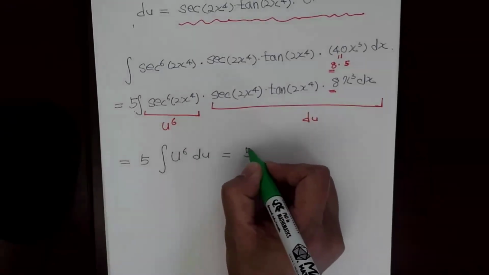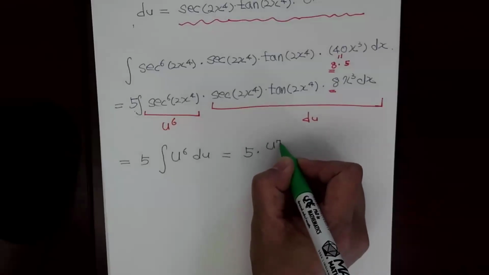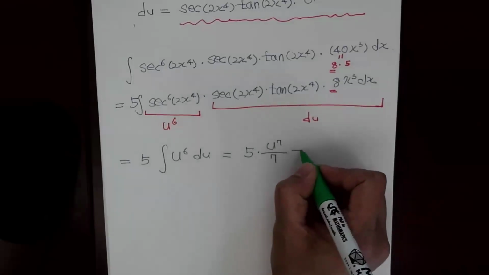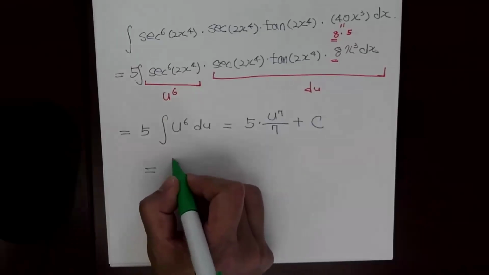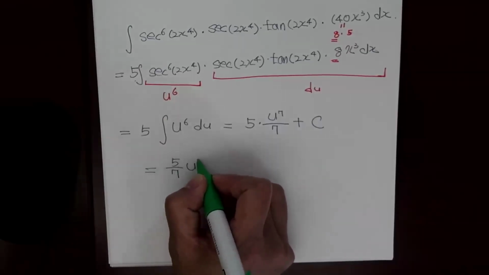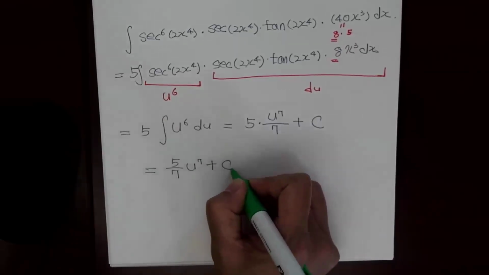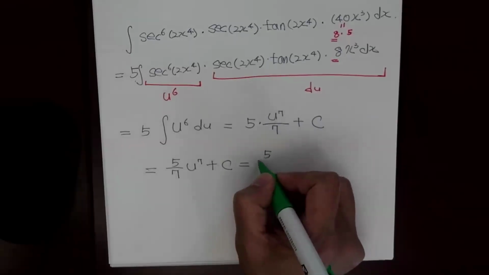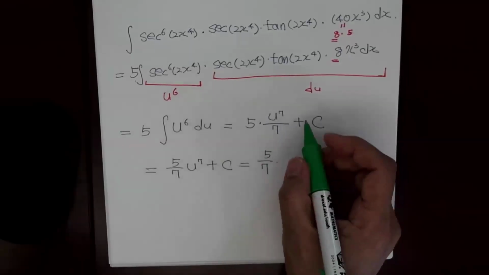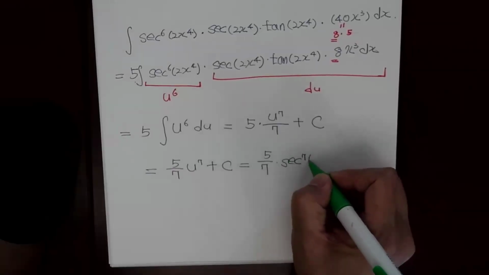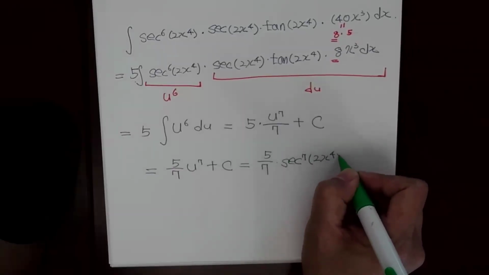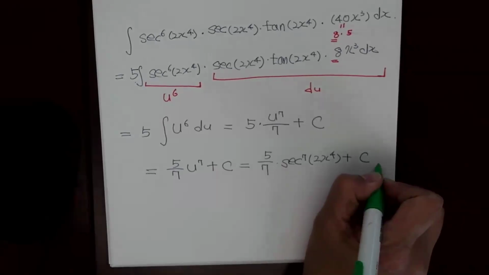So that is 5 times u to the seventh power over 7 plus c. And then that is 5 over 7 u to the seventh power plus c. And then that is 5 over 7 times secant to the seventh power of 2x to the fourth power plus c.